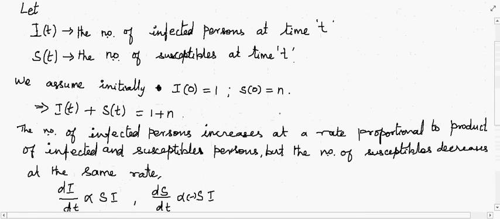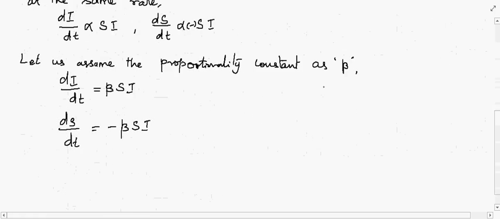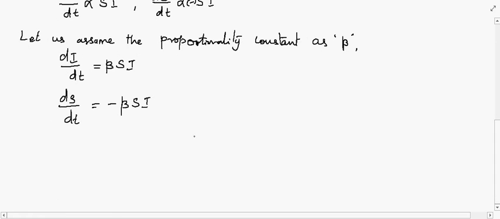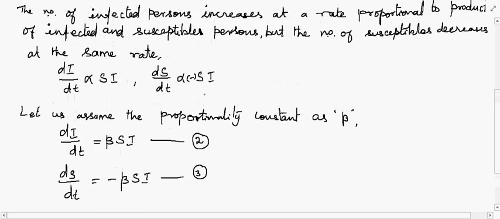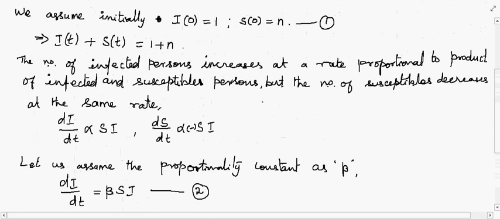I'll take the initial conditions as equation 1, dI by dt equal to beta S I is equation 2, dS by dt equal to minus beta S I I'll take as equation 3, and one more equation, that is this one, I of t plus S of t is equal to 1 plus n. I'll take this as star.